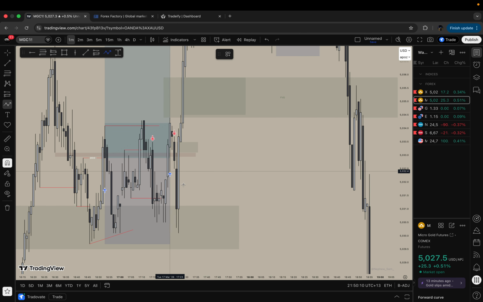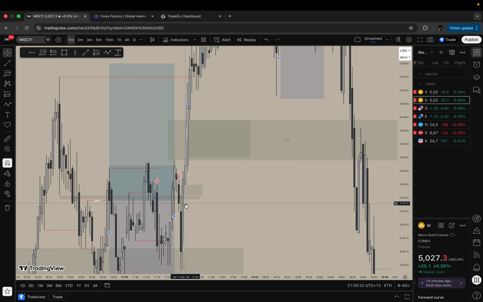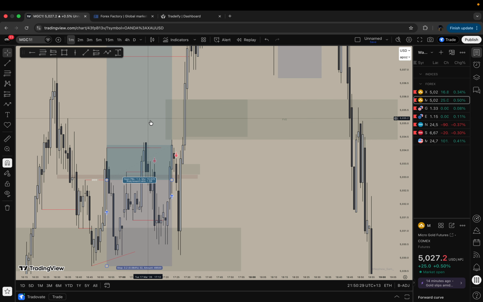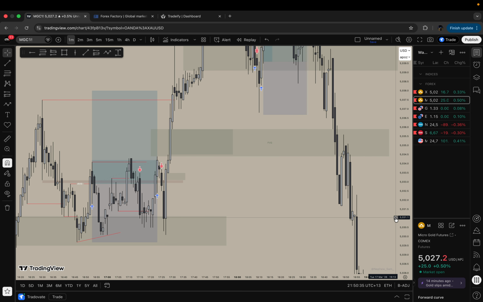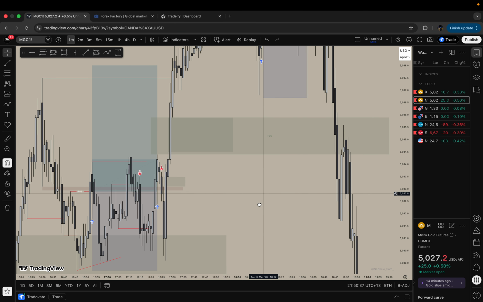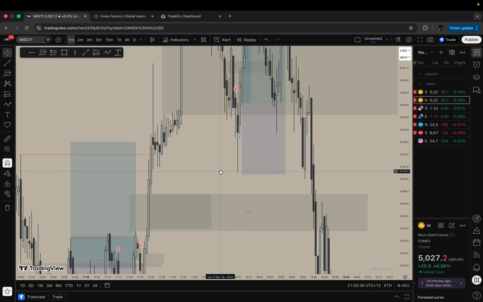And this is the move that I actually wanted to catch, right? Where we get that sweep, and we get that initial push. So yeah, this was the timing that I should have got, and couldn't even re-enter because price didn't give me a chance to.